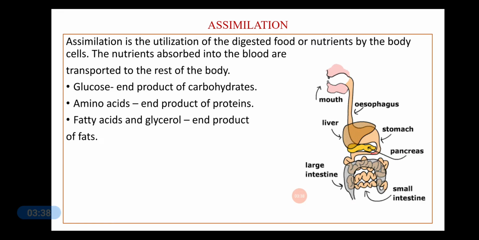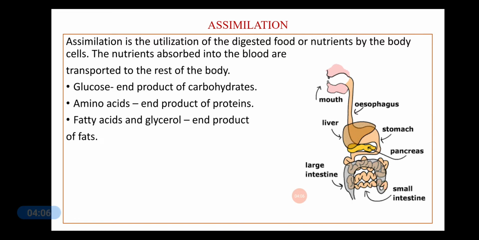After the food is absorbed, the waste particles are now pushed inside the large intestine. This large intestine absorbs the water only and throws away the waste materials in the form of feces. So, assimilation is the utilization of the digested food or nutrients by the body cells.